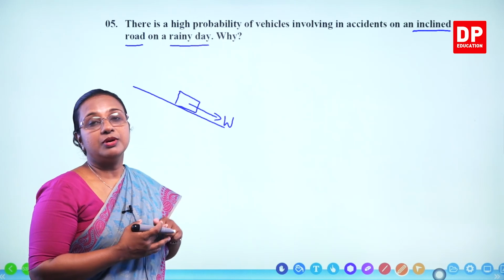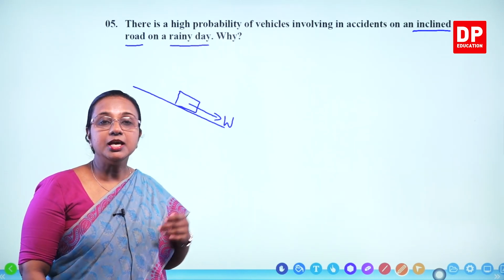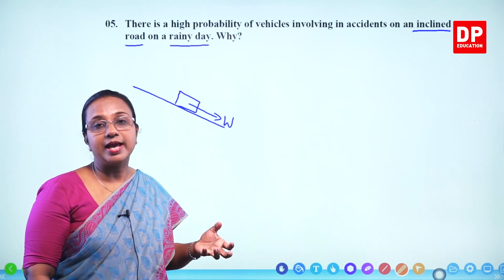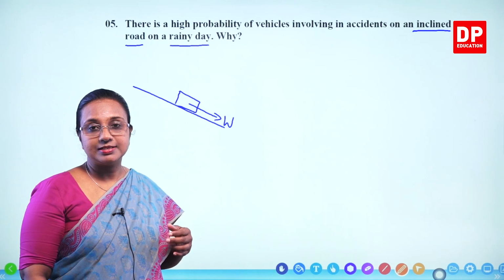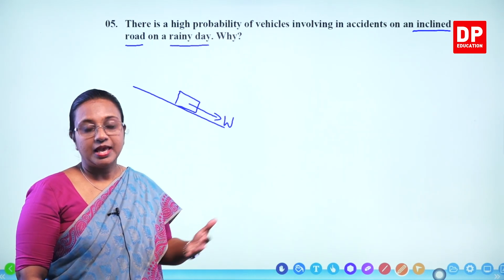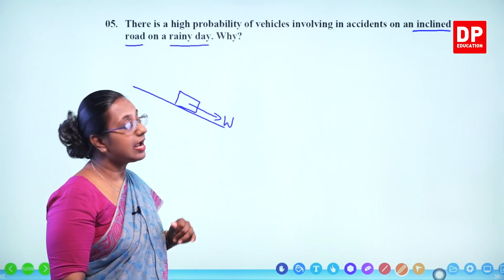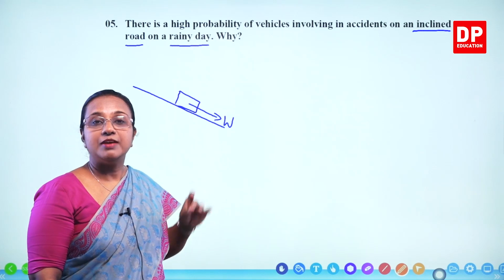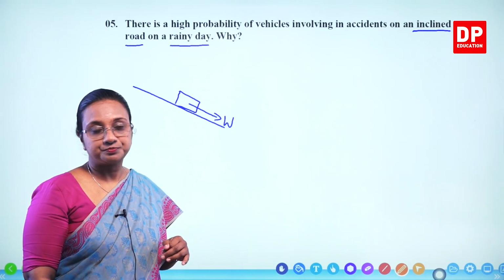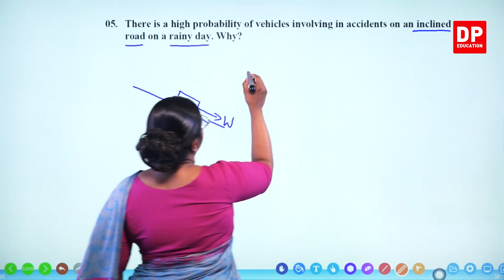On a rainy day, there will be more water and the road will be wet. Due to this wetness, the friction of the road will decrease. And both these together will give a higher probability for the vehicle to skid off the road. So here we have to explain both.